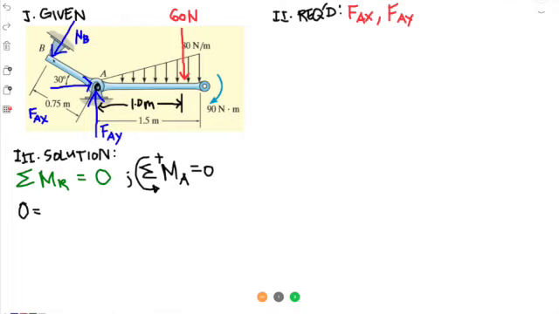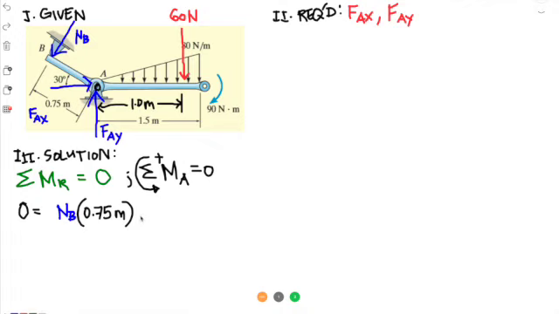It has a moment arm of 0.75. So let's write NB times the moment arm, 0.75 meters. And I think that's the only force that will turn it counterclockwise.